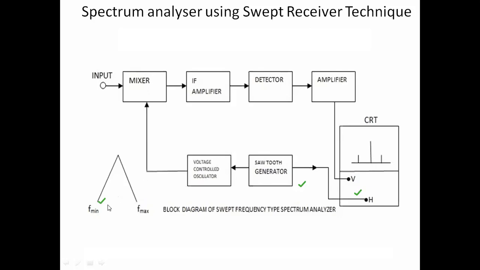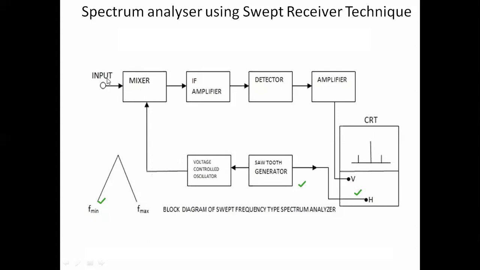With the frequency range minimum to maximum, it produces the sweep output voltages, and those sweep output voltages have frequencies from minimum to maximum. Those generated frequency signals are applied to the mixer. The output signal voltages with changing frequency components, from minimum frequency to maximum frequency, are applied to the mixer.